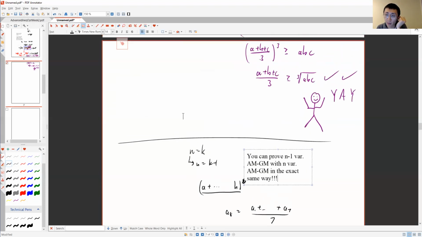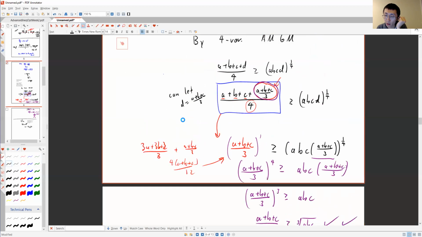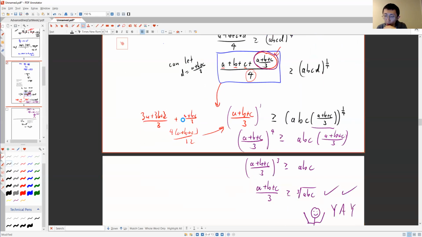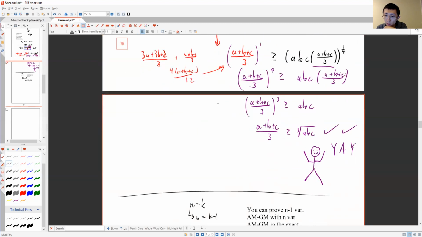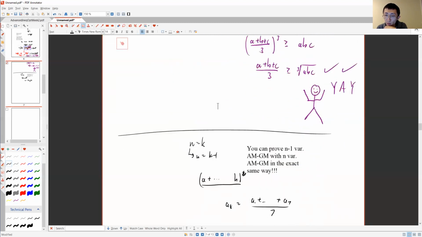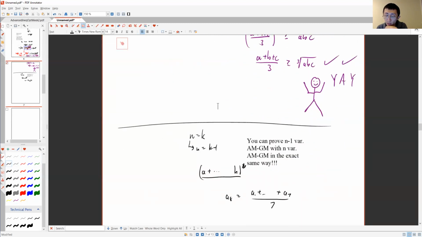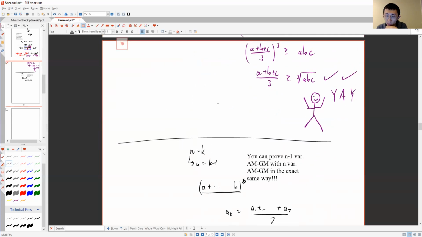And then the exact same cancellation effect will occur. And you can prove that there's nothing special about 4 to 3 here. We use 4-variable AM-GM to prove it for 3-variable AM-GM. It works just as fine with n equals k and n equals k minus 1.